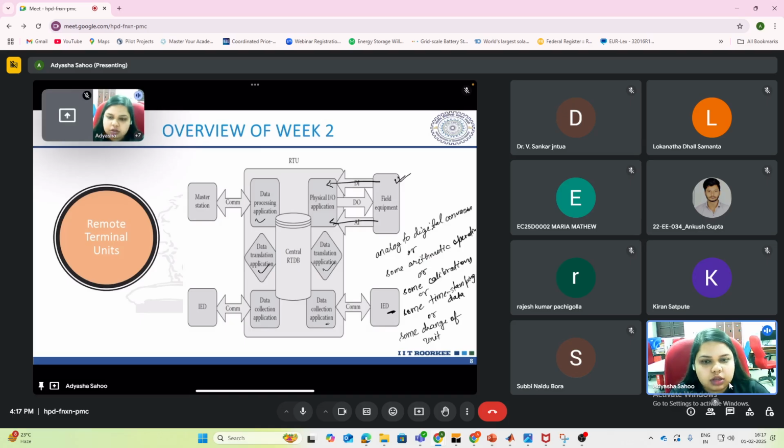So all these operations can be done in the data processing and the data translation application.